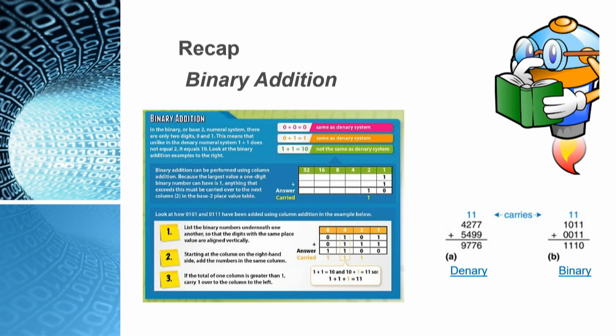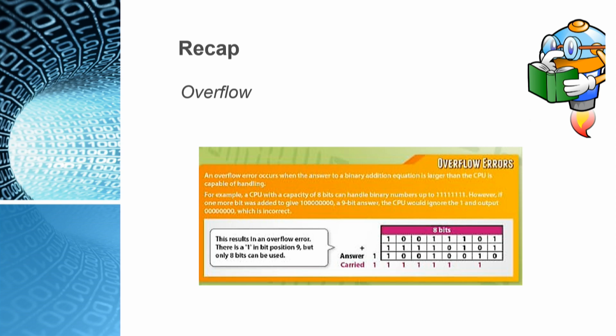As in decimal addition, if the sum of two numbers is greater than what fits in a single digit, we carry a 1 into the next column. We have seen that an overflow occurs when the answer to a binary addition is larger than the CPU is capable of handling. This results in an incorrect answer.